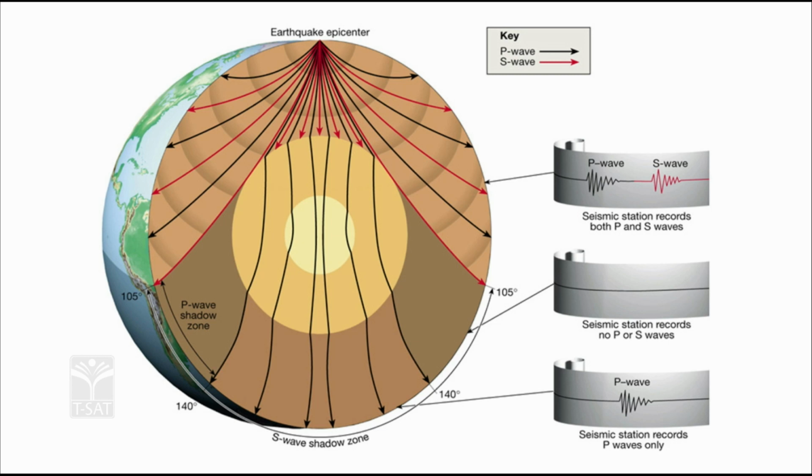As per the diagram being shown to you, you are able to observe the way the waves are behaving, where the S waves are diverted away from the outer core, where they are not able to penetrate because the outer core is liquid, because S waves cannot pass through liquids. So we have determined that the outer core is liquid and the mantle and the crust are solid. Whereas P waves have the capability to penetrate into liquids also, so we are able to estimate that the outer core is a liquid.